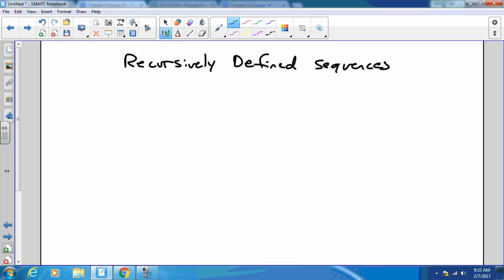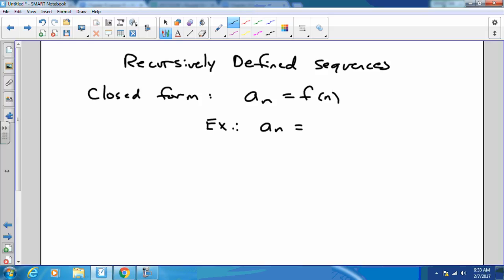Recall that yesterday we had two different forms that we could find a sequence in. We could have a closed form where I give you a specific function that a sub n is equal to. This is a closed form, and we like closed forms.